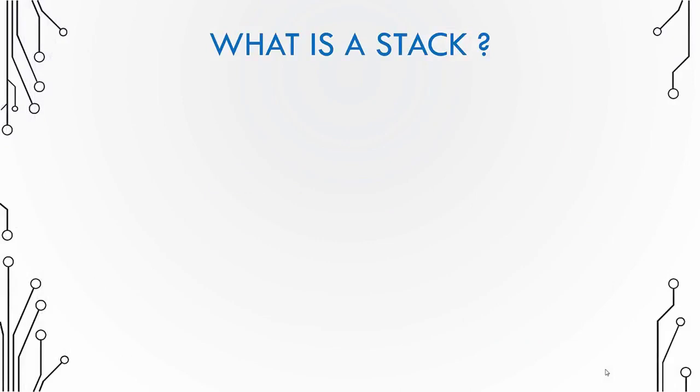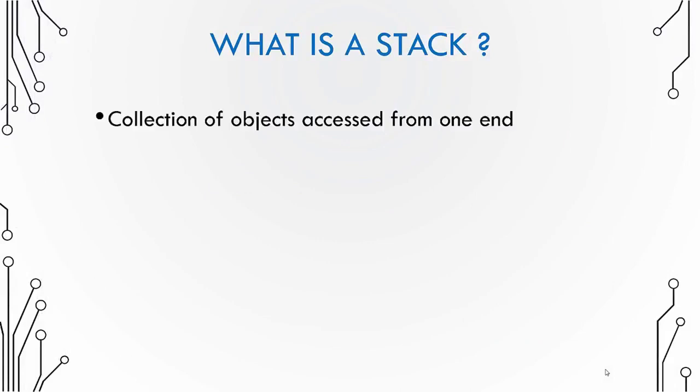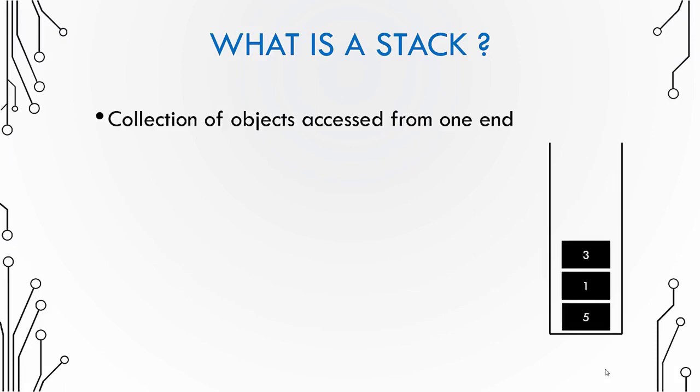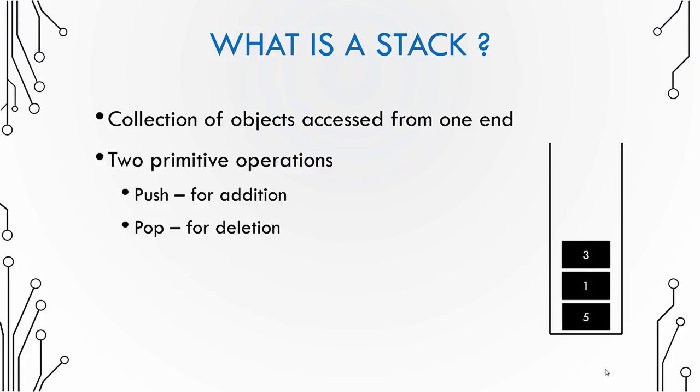The abstract data type definition of a stack says that it is a collection of objects that are accessed from one end. So you have a collection of objects that can only be accessed from one end. In this case, the top of the stack. And there are two primitive operations, one for addition and one for deletion of elements.